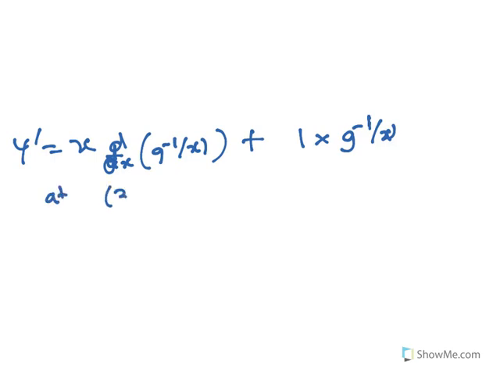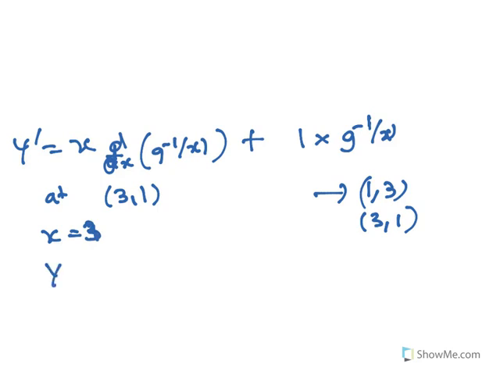Now, we want this at the point 3, 1, because originally it was at the point 1, 3, but because we're after the inverse, we need to swap it. So that's when x equals 3 on the g to the minus 1 graph.